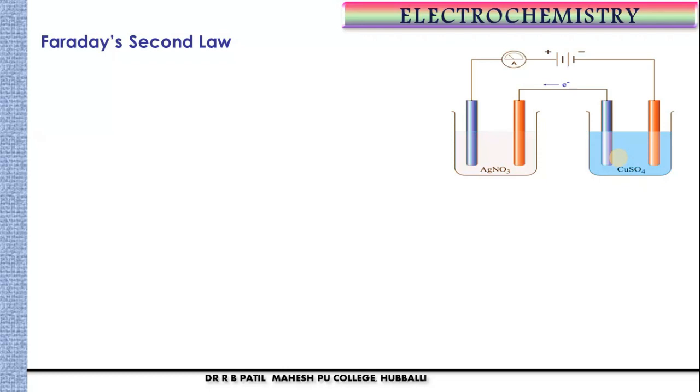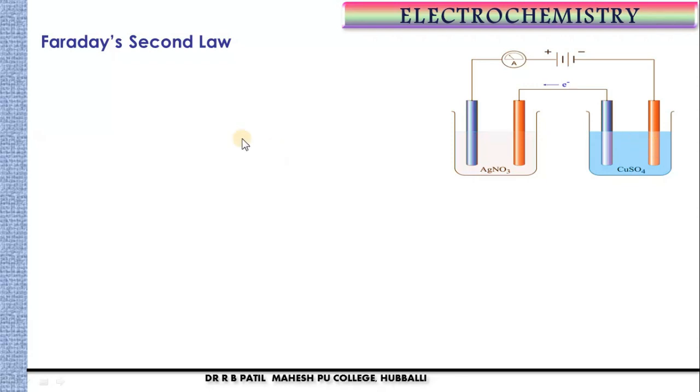The amounts of different substances liberated, here the amount of silver, here the amount of copper, by passing the same quantity of electricity through different electrolytic solutions are directly proportional to their respective equivalent masses. Here the equivalent mass of silver in the first cell, here the equivalent mass of copper.